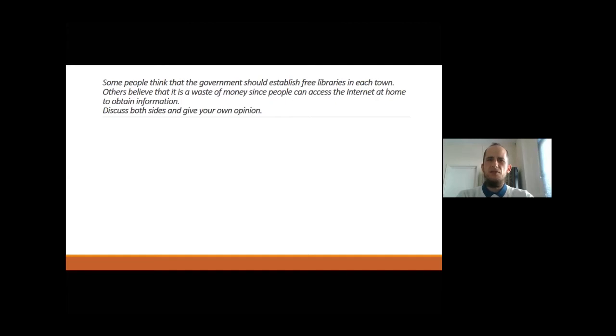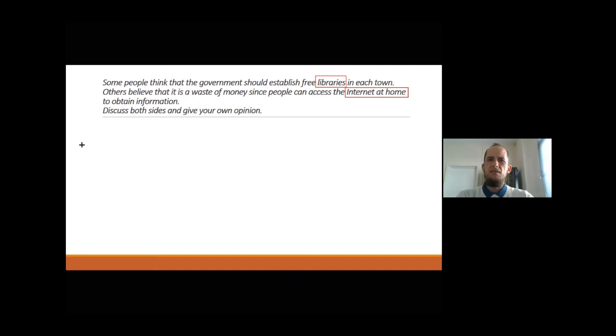Yeah, so we've got free libraries. That's definitely, well, really libraries is our key word here. That's what we're really looking at. We're looking at libraries versus what? Rosanna said it, internet at home. Yeah.